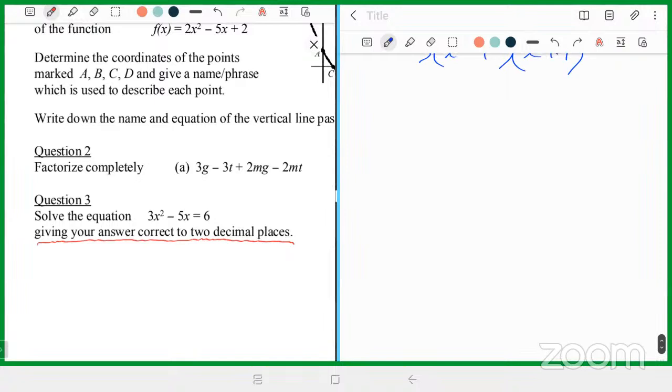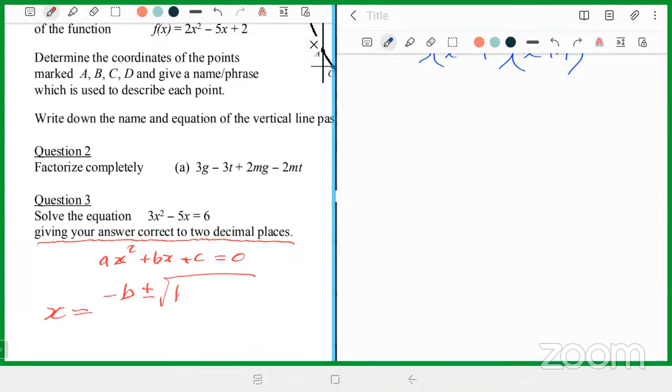When the equation is in the form ax squared plus bx plus c equals 0, x is equal to minus b plus or minus the square root of b squared minus 4ac, everything divided by 2a.